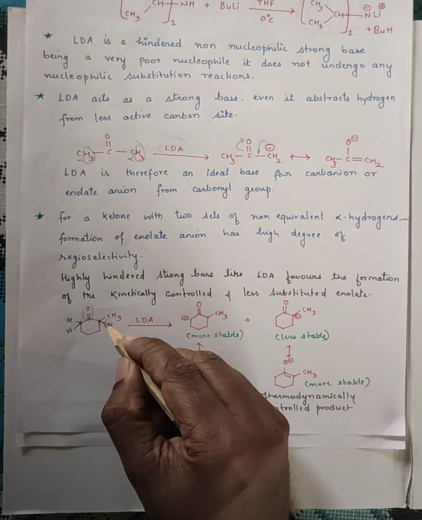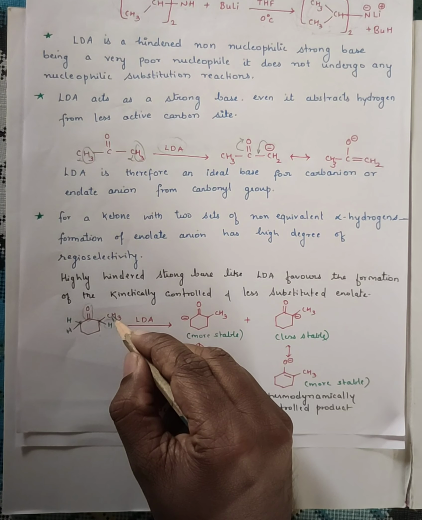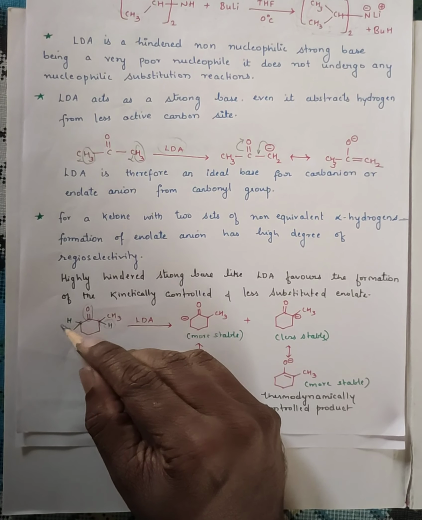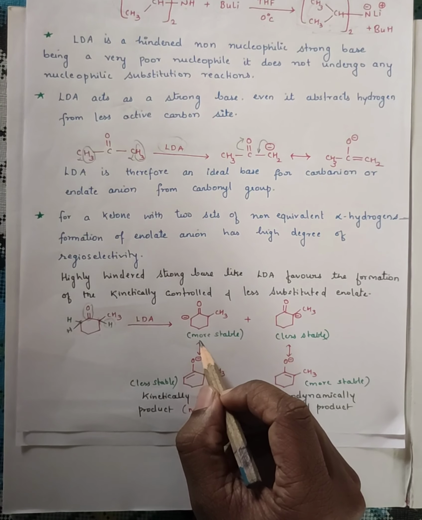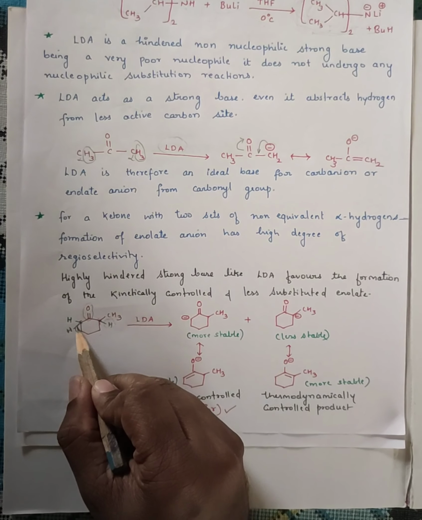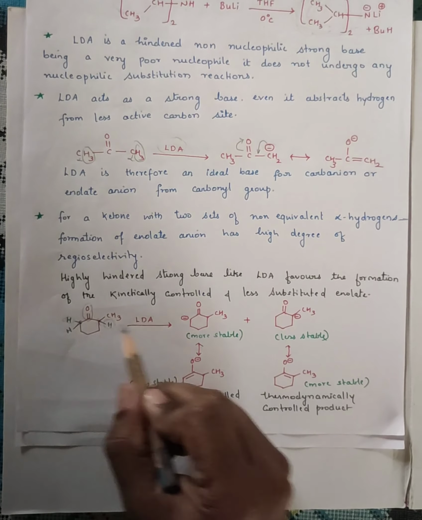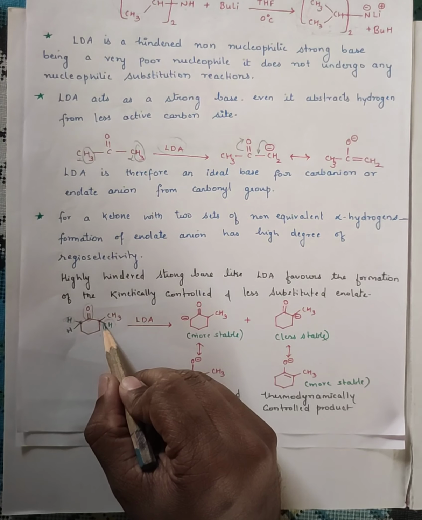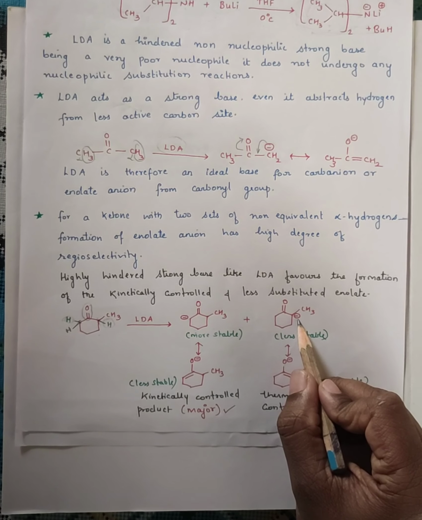One is abstraction of the hydrogen on the substituted carbon bearing the CH3, and the other is a hydrogen on the other side. When I abstract this proton I will get this anion, and when I abstract this hydrogen I will get this anion.